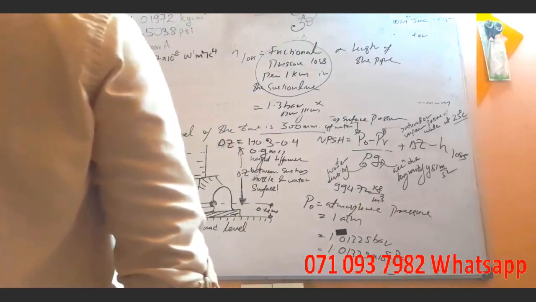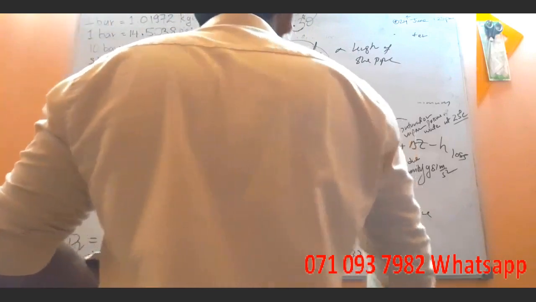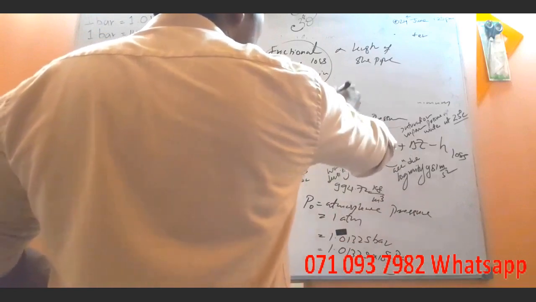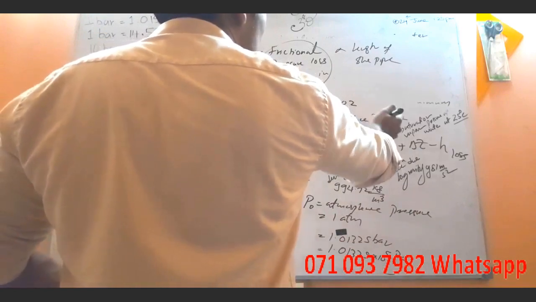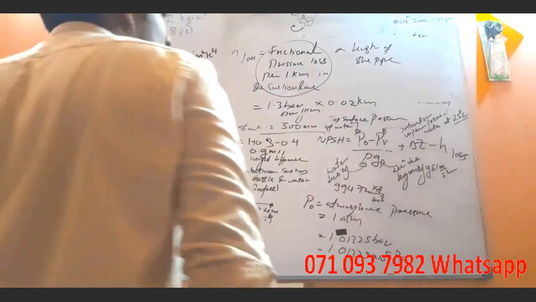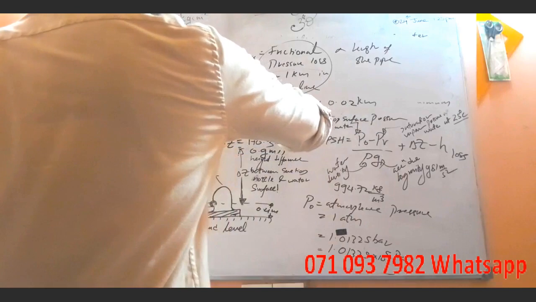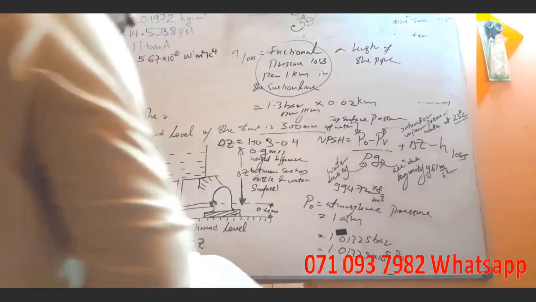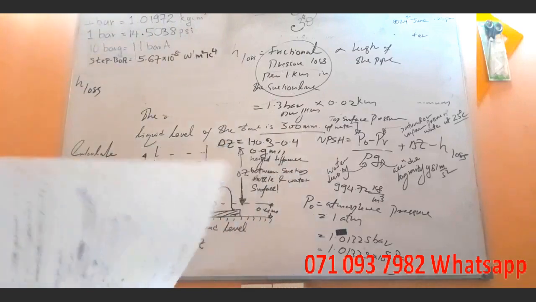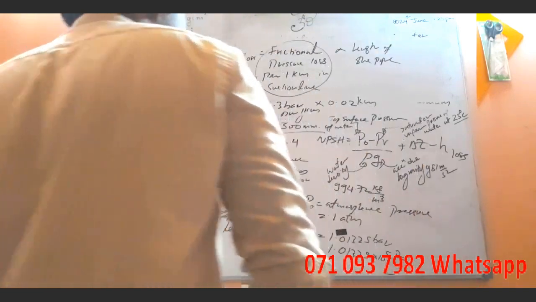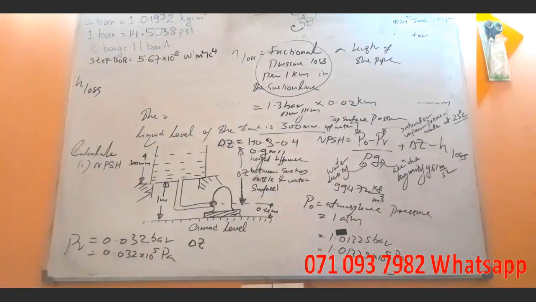So 20 meters meaning this 1.3 you have to multiply by 0.02 kilometers, because the pressure loss is given per kilometer. So 1.3 bar per kilometer, and the length of the pipe is 20 meters, that means 0.02 kilometers. So 1.3 multiplied by 0.02.